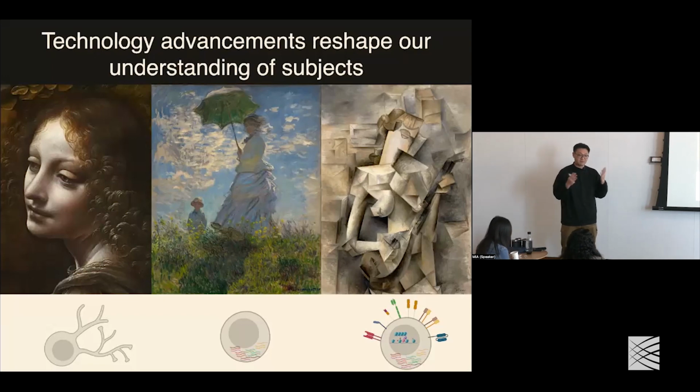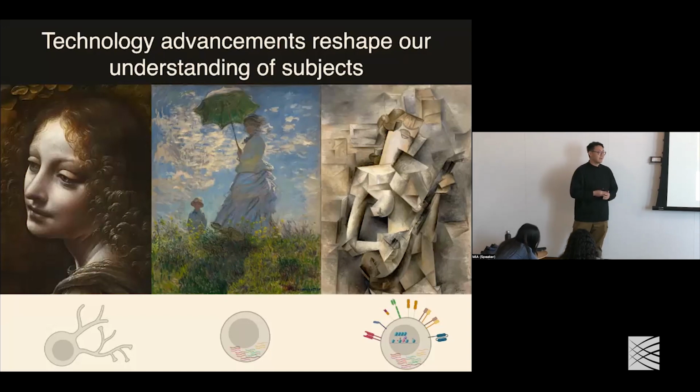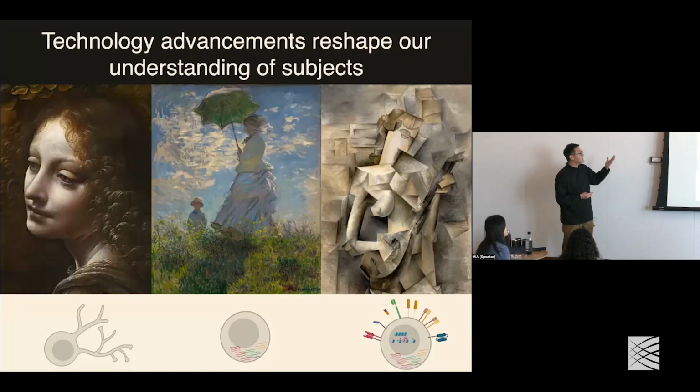And right now we have those fancy multimodal technologies. We can simultaneously study multiple aspects of the cell and capture a more comprehensive understanding of cellular processes. It seems to be a coincidence, but I think it's more likely that technology advancement always reshapes our understanding of the subject that we study.